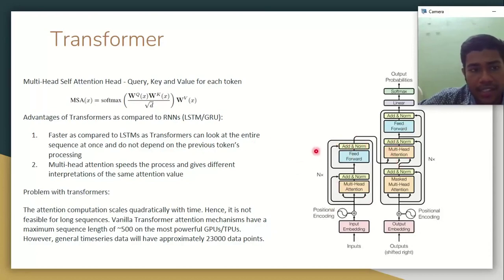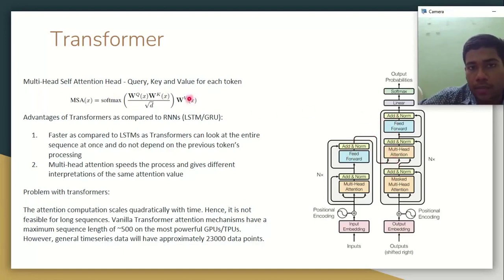In the diagram of the transformer on the right hand side, the encoder consists of different modules like the multi-head attention, normalization layer, and the feed-forward layer, and this encoder is connected to the decoder, which again has multi-head attention based modules and other feed-forward neural networks.